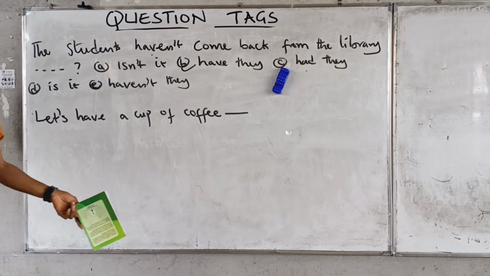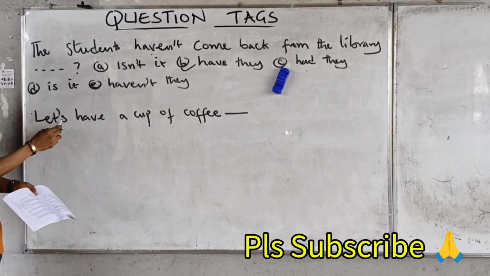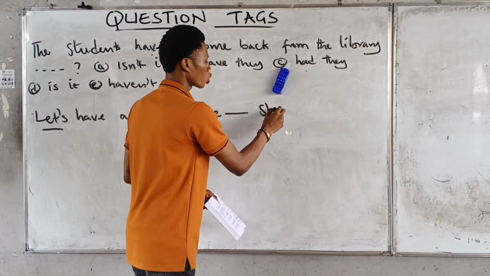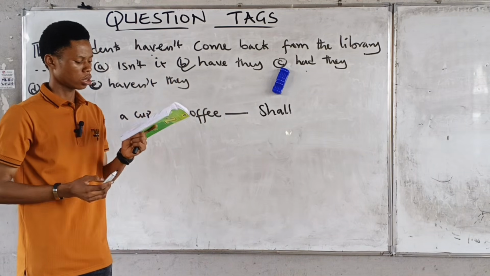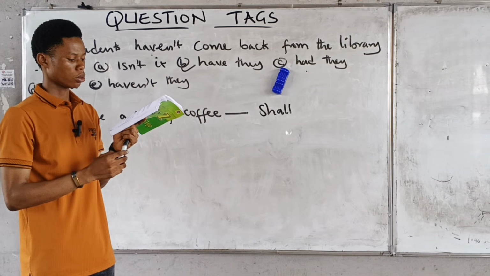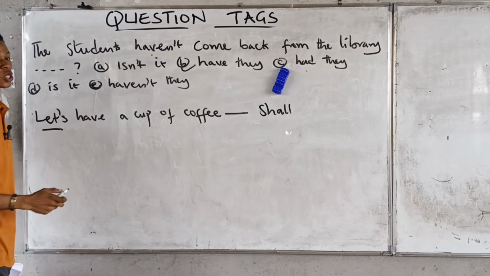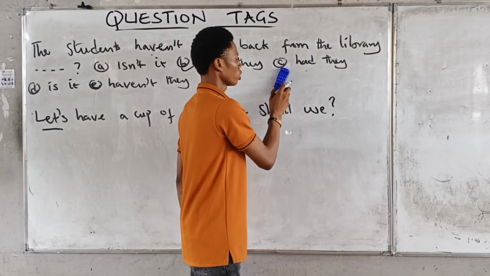Shall we? Remember the rule that says anytime the statement starts with "let us", you should have "shall" plus the subject. That's rule number 8. So "let us have a cup of tea, shall we?" So that is it.